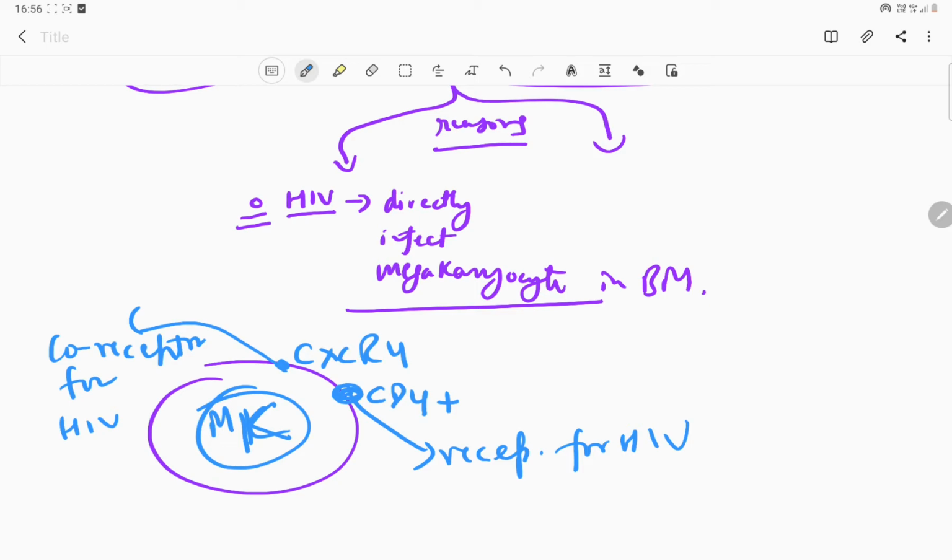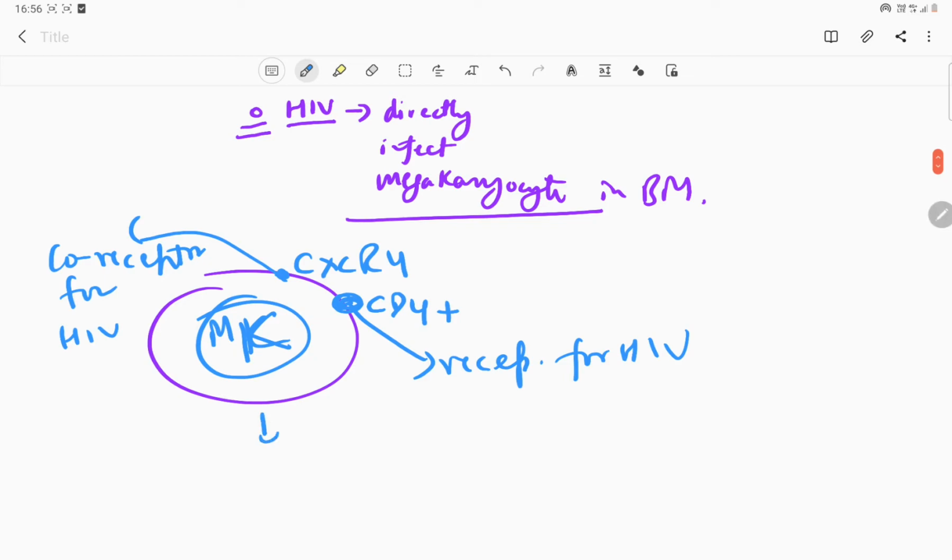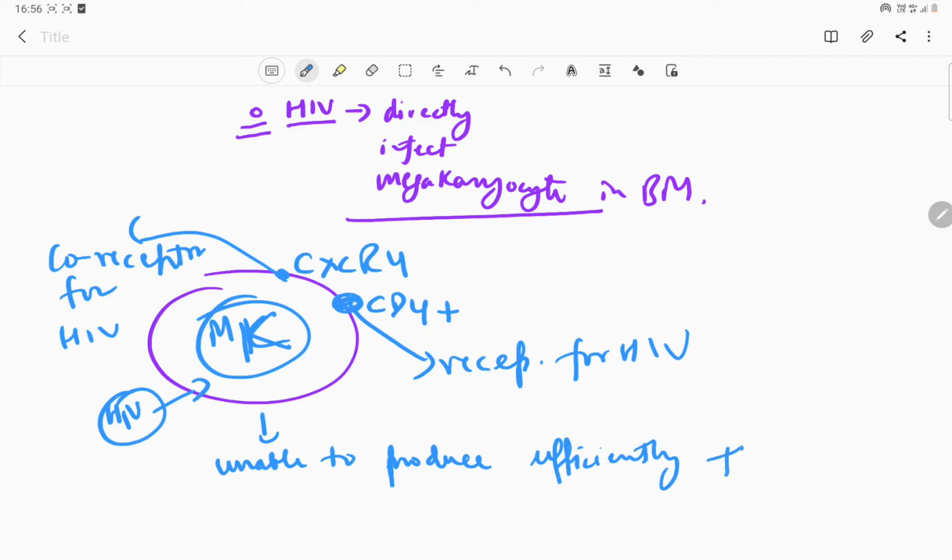Due to the infection of HIV, the megakaryocyte is unable to produce the platelets efficiently.